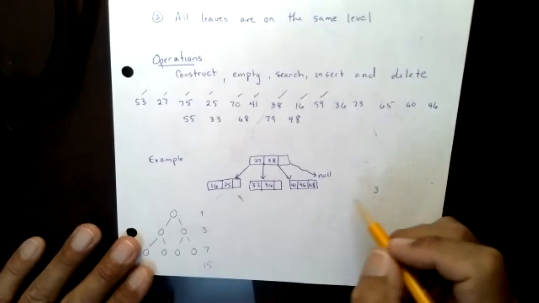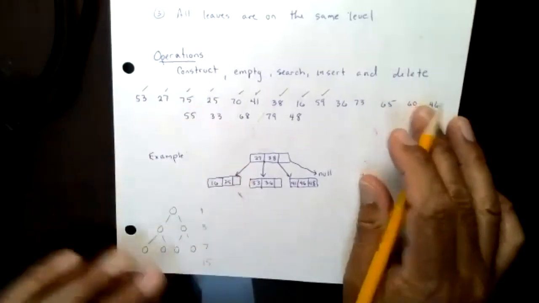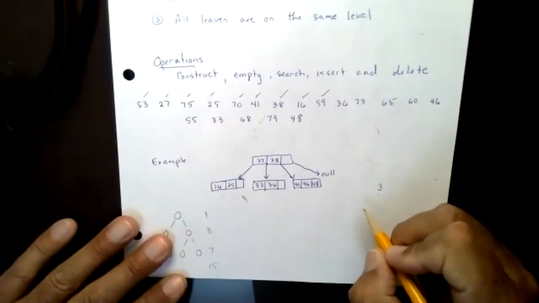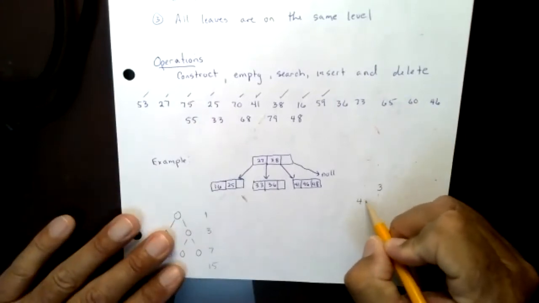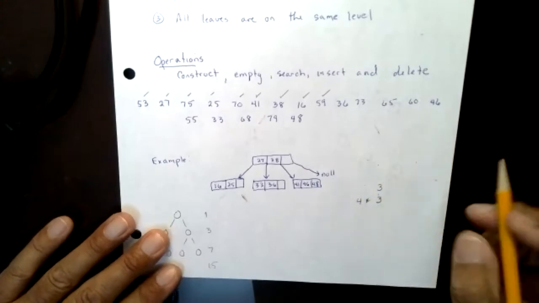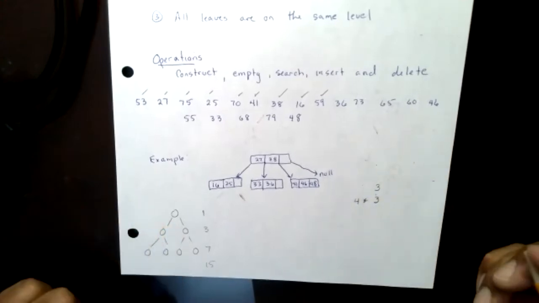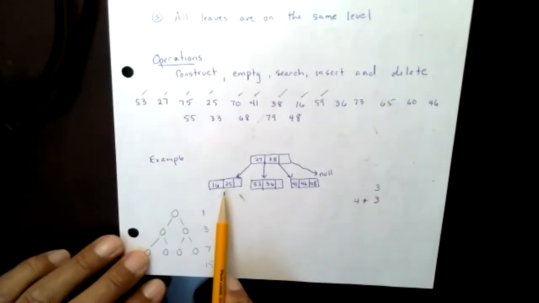On the next level, how many values can it store? 12. 12, right? And how'd you get that mathematically? Give me some math. 4 times 3. Okay, how many would be on the next level? Well, out of this guy, there would be a 4 times 3, right?